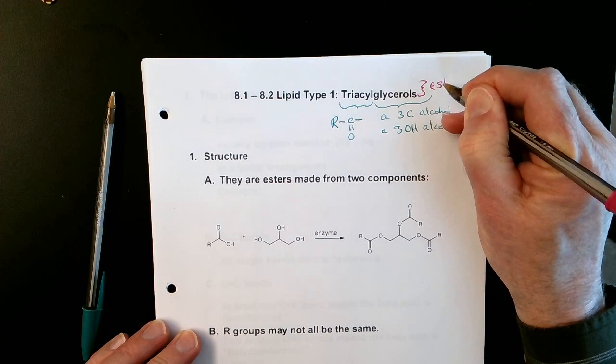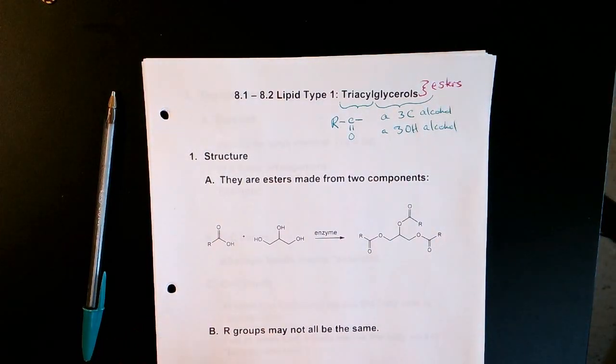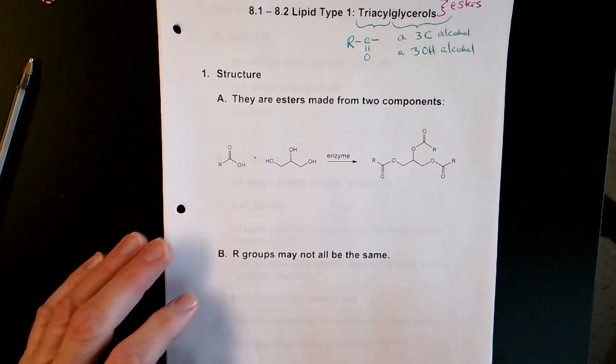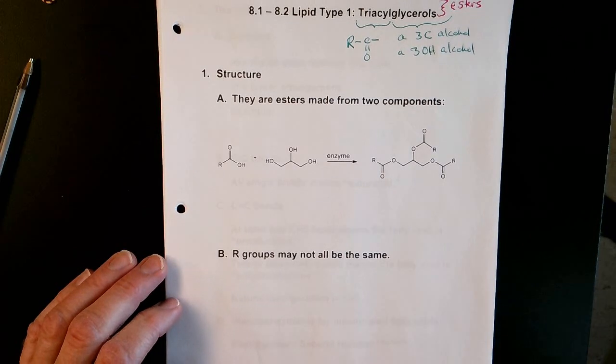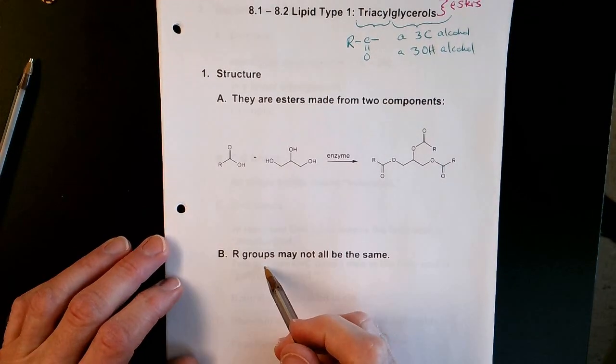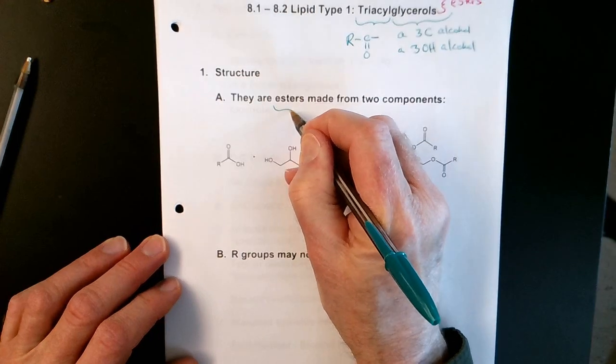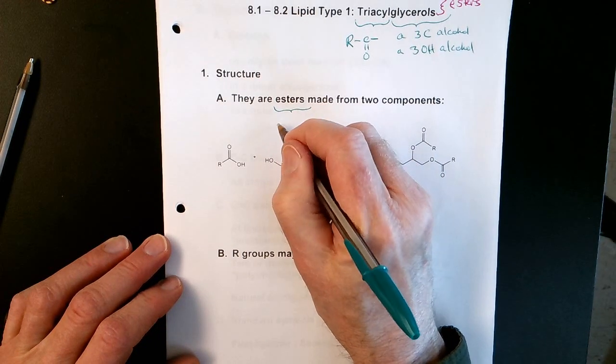These things are esters. An ester, hope you remember, has two components to it. One of them is a carboxylic acid, one of them is an alcohol, and this is in the next little diagram right here. Here's how the word comes together and how the molecules come together. Okay, they are esters. Please remember the formula for an ester.